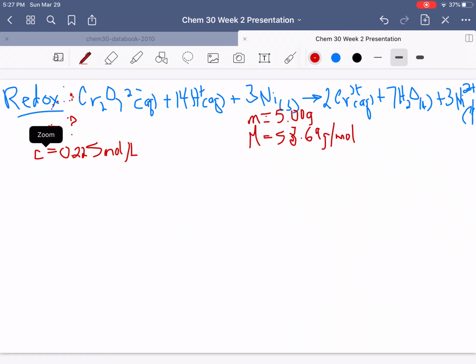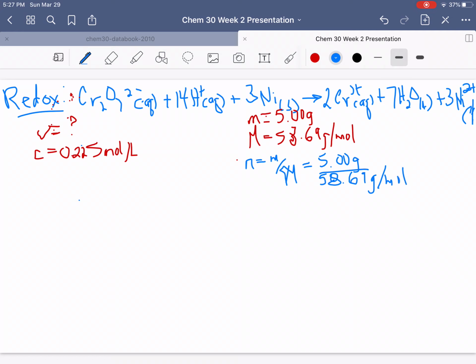So go back to your formulas, those ones that I reintroduced you to, and we know that N is equal to mass over molar mass. Okay, if we've got mass over molar mass, we've got 5.00 grams divided by 58.69 grams per mole.